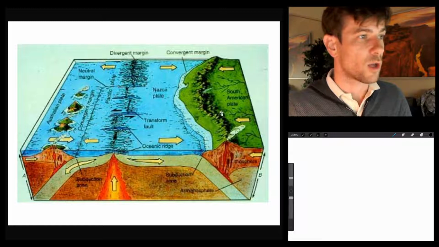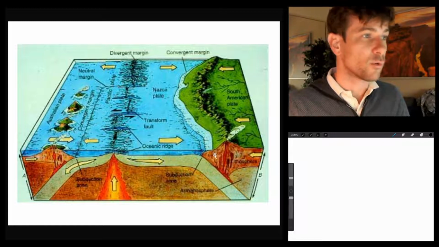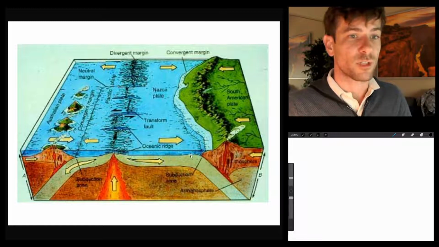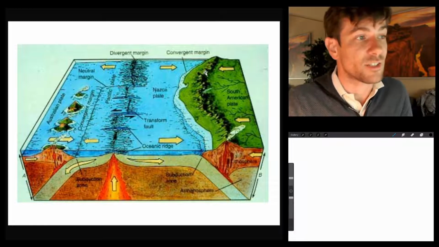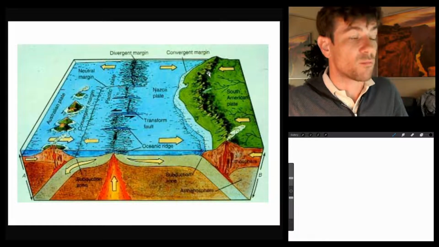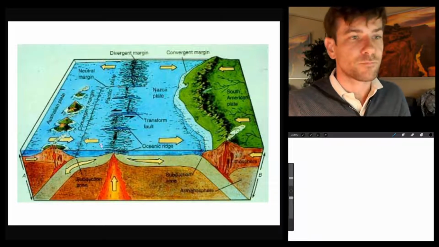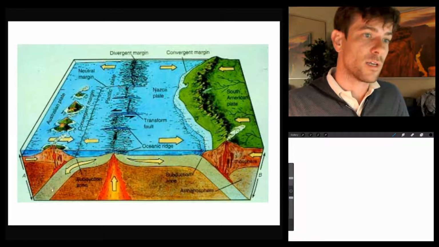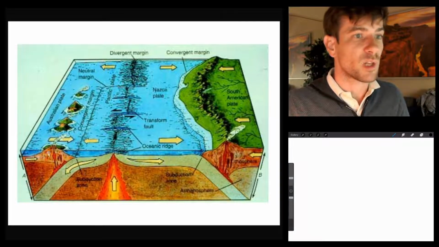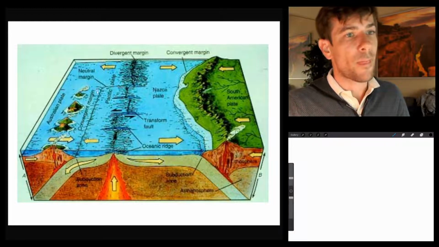You hear about large magnitude earthquakes in Peru and Chile. That's related to subduction. Also the volcanism in the Andes related to subduction. The fact that the Andes are there in the first place is a product of subduction. Over on the other side of the East Pacific Rise, you have the Pacific plate being subducted beneath the Australian plate, maybe the Philippine plate if we move to the north a bit.